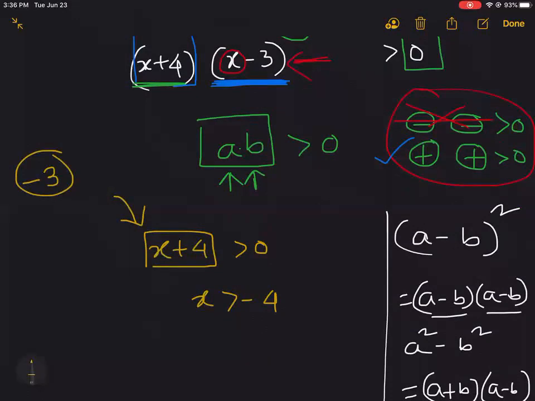Anything even slightly more than negative 4 will do, as John said, and as John has written, negative 3.9999 will do as well. It's not exactly or precisely negative 3. I know what you are trying to do here, but inequalities work slightly differently from equations. So it needs to be just more than negative 4.